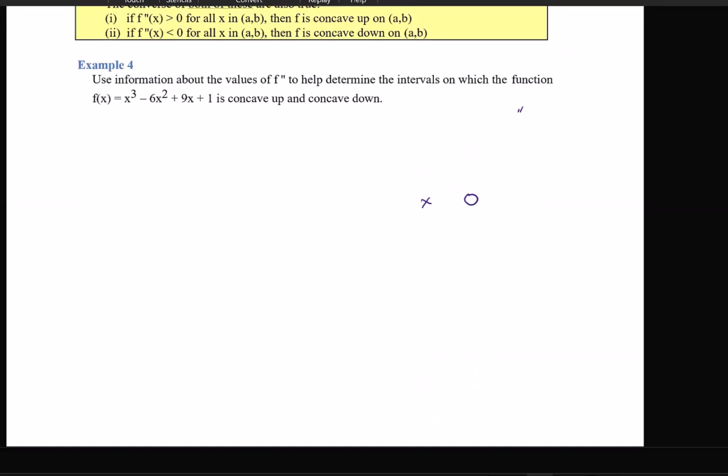First thing I'm going to do is take my first derivative. f prime of x equals 3x squared minus 12x plus 9. And again, we know we can factor this to x minus 3 times x minus 1.